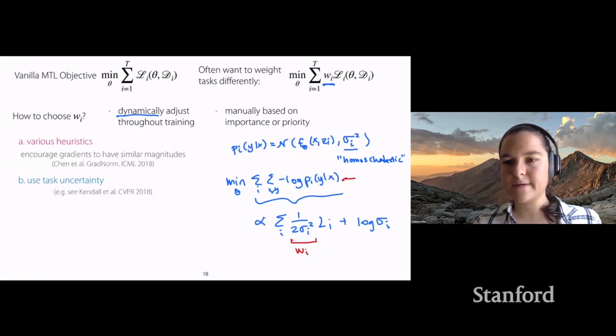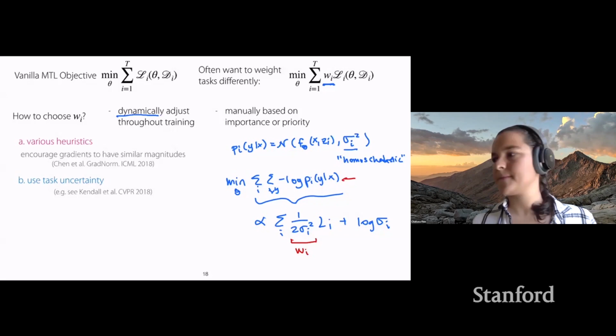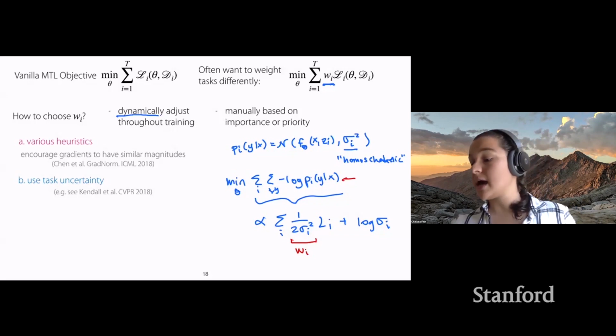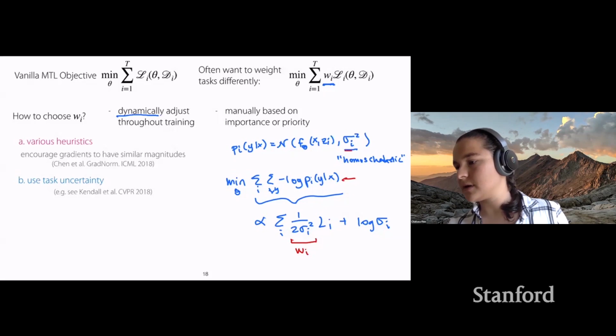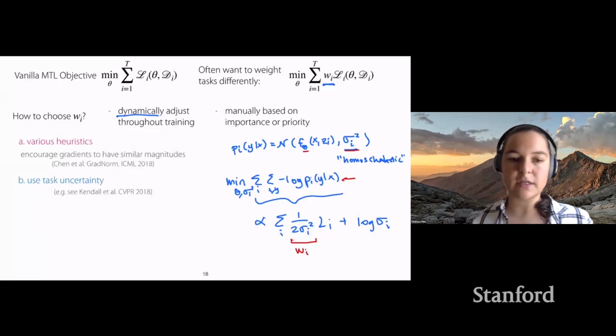Do you have a question? Yeah, hi. I was wondering how we get the variance. So this term right here is actually learned. It's just going to be a vector of learned parameters. So in addition to learning theta, you're also going to be optimizing each of these variance vectors. Sorry, it's the variance of the weights or something?